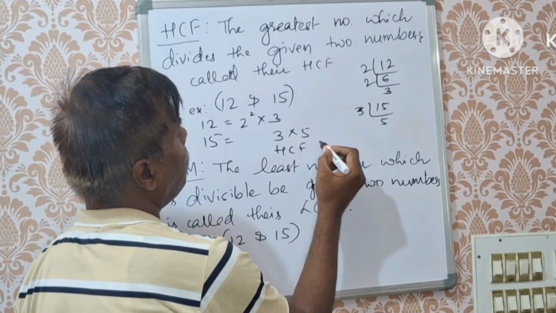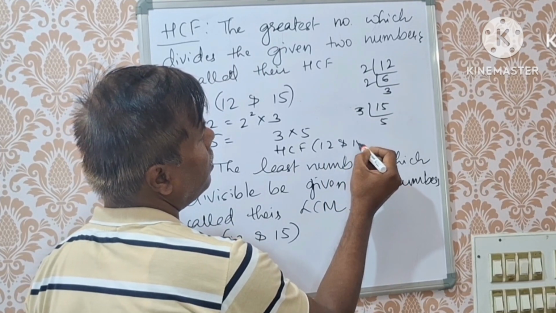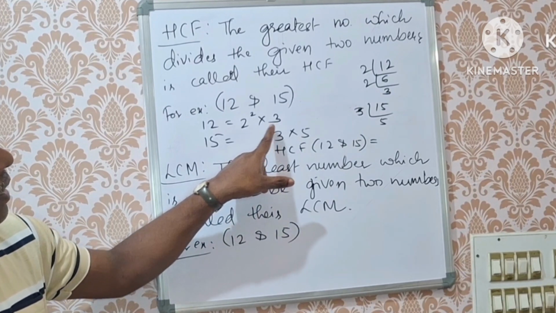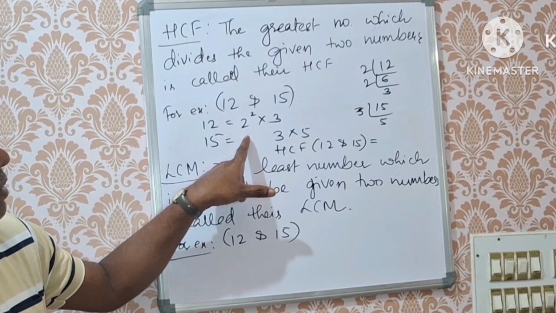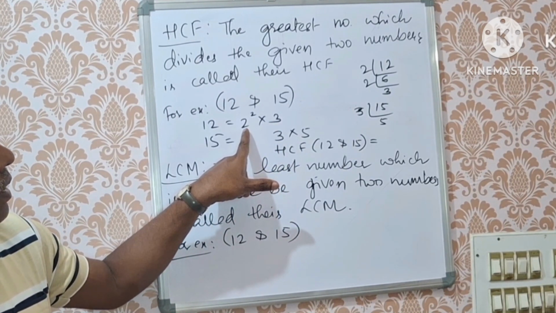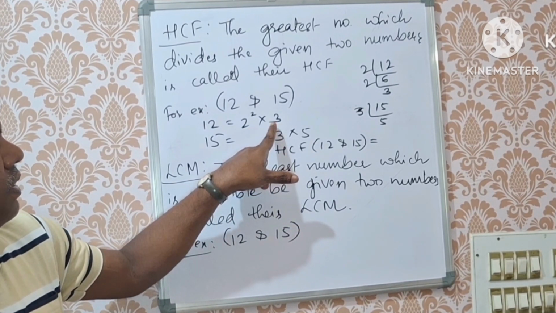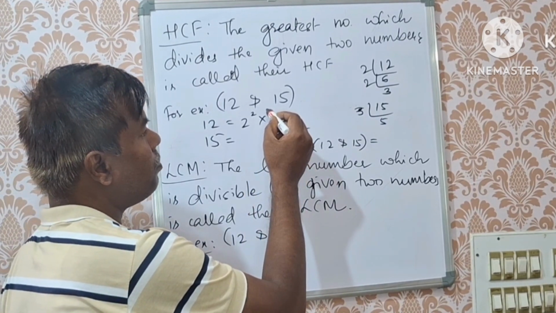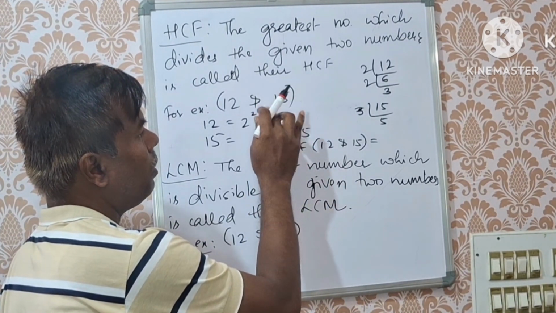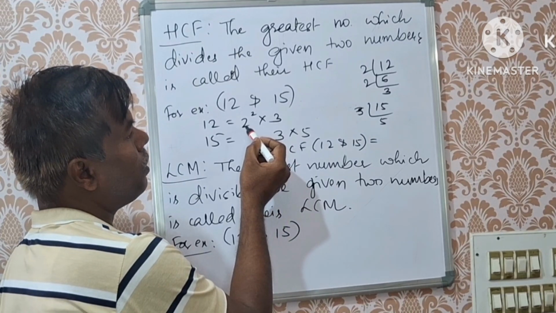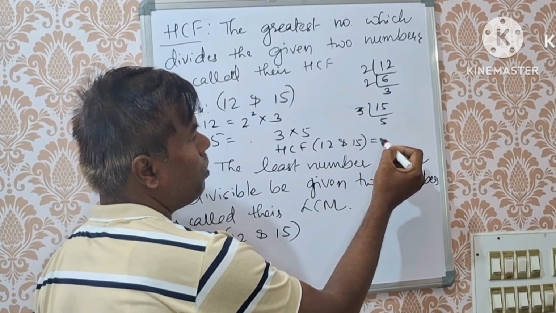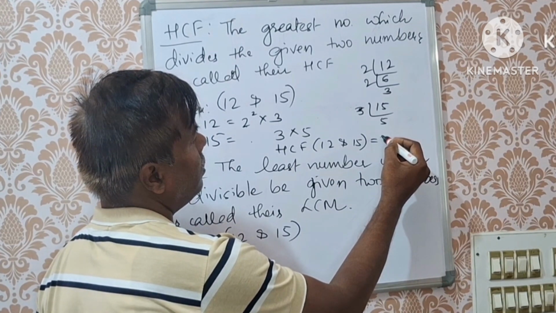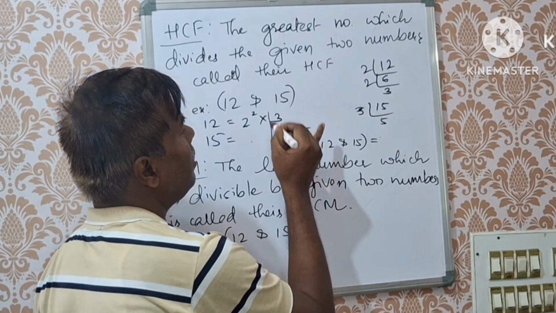What is the HCF of 12 and 15? We write the commonly existing factor, with the least power. For 2, it is 2 power 2 in 12 and 2 power 0 in 15, so it is not common.